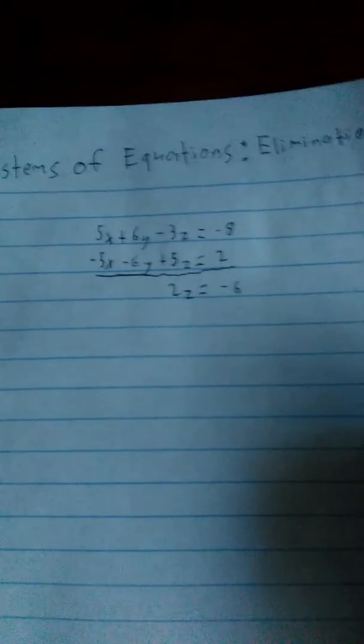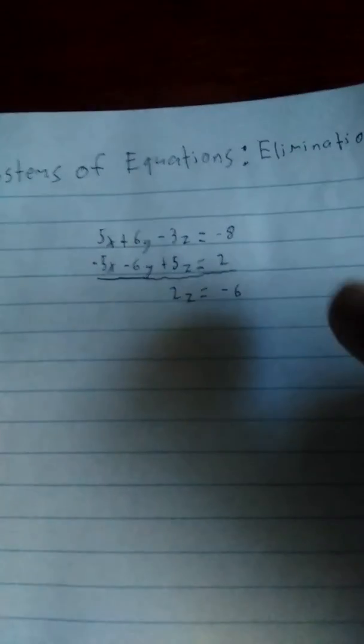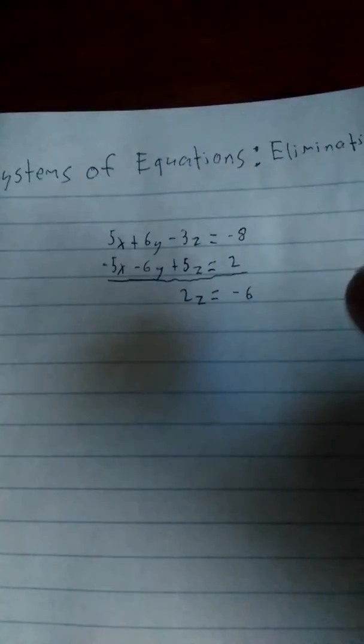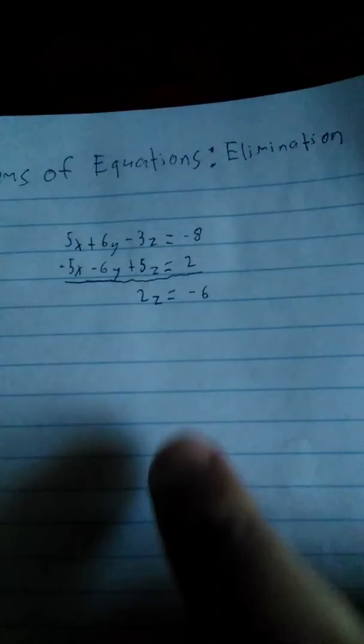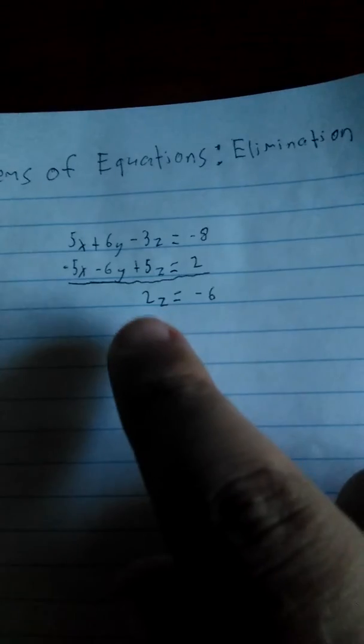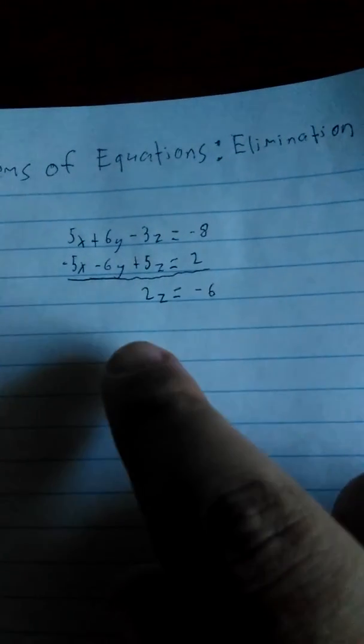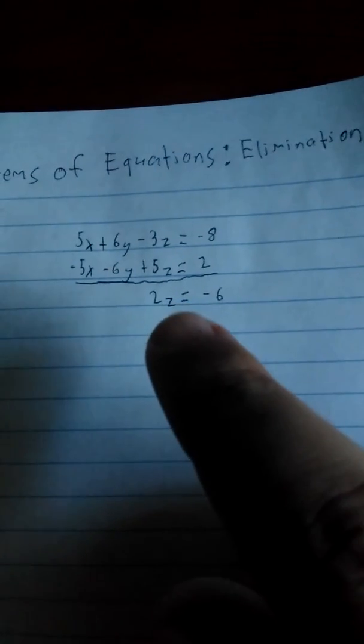I welcome it. So that just leaves us with our z variable, and so upon doing that, I got 2z equals -6. So then what you want to do after that is divide 2 over 2 and -6 over 2, and you'll get your value for z.